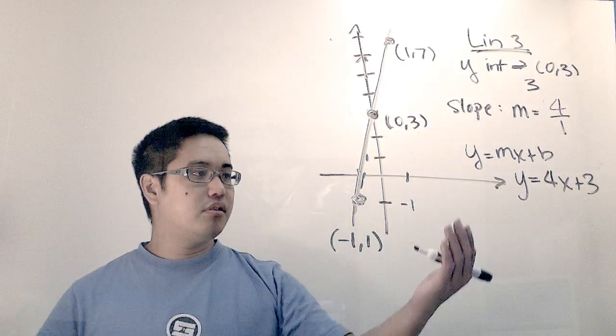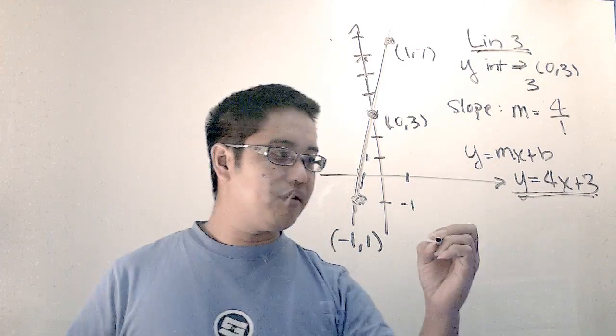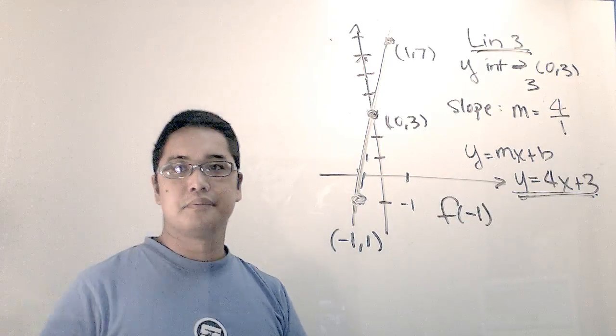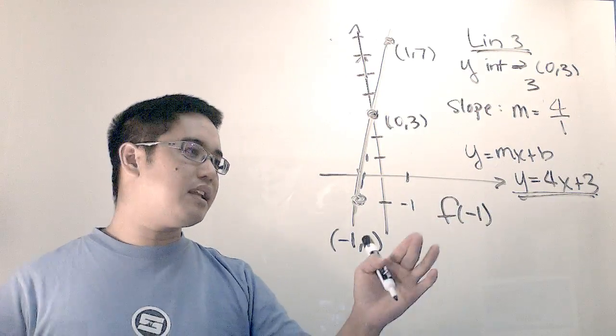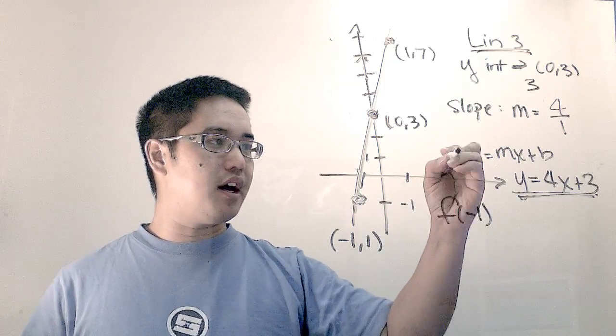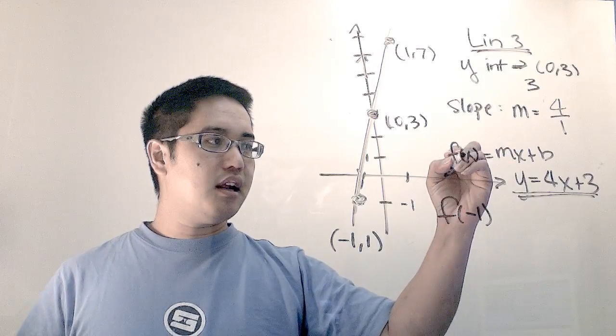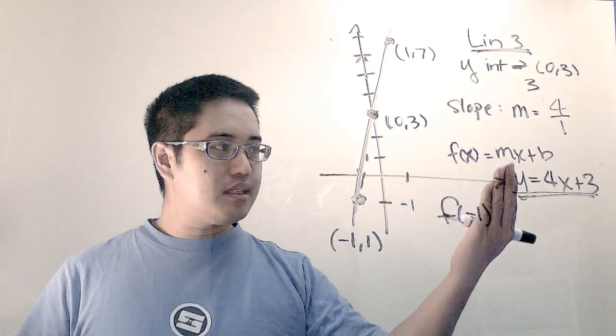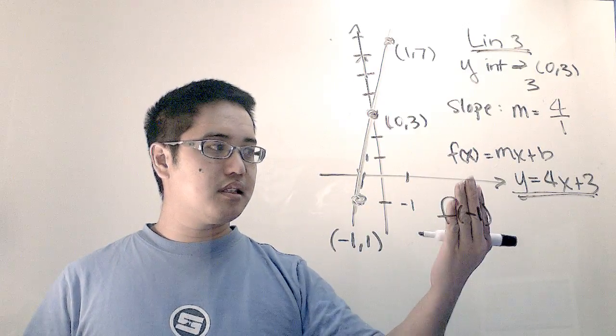All right, let's see. Use this answer to figure out what f of -1 is. Now, what I mean by that is, you know how I said this is y? A lot of times we interchange that with f of x. And I've taught you that concept before. It's kind of like, this is a function of x.